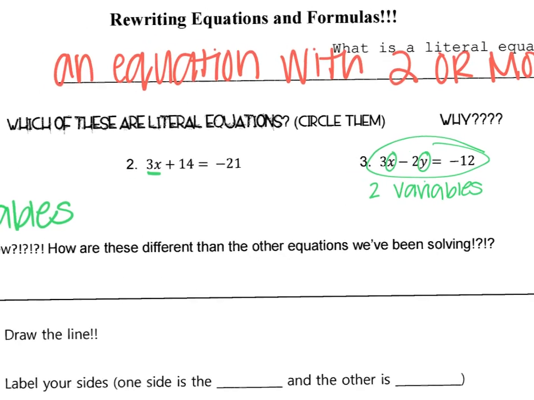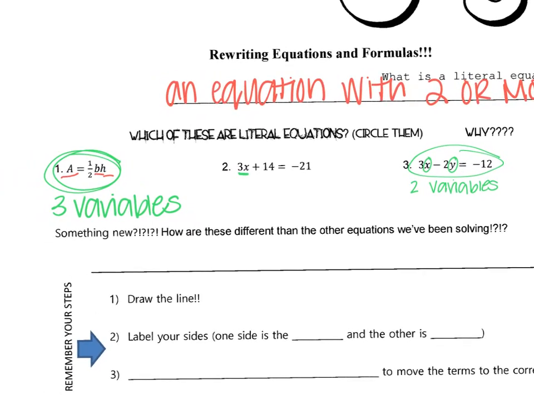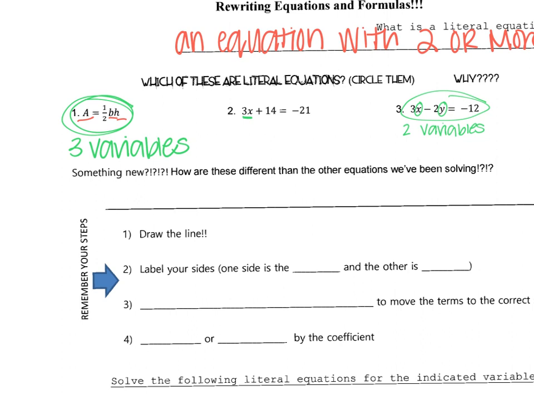So when I have two or more variables, can I solve and get something like x equals 2? I can't really solve and figure out what it is without having more equations, which you'll go more into solving systems of equations in Algebra 1. But how are these different than the other equations we've been solving?